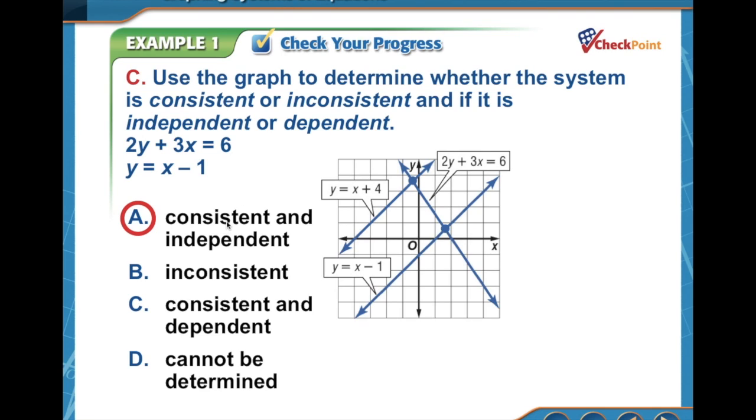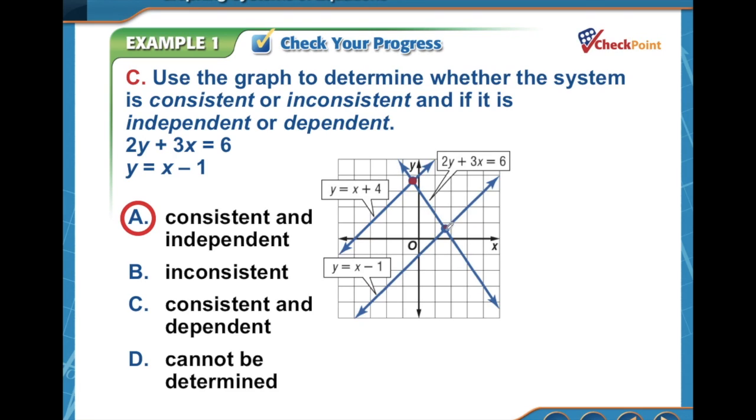So let's think about what's going to happen here. So we can call this system consistent and independent. So it's consistent because there is a solution. And it's independent because there's only one solution for each pair of lines. So let me explain that quickly. So this dot is a solution, but it's only a solution for this line and this line.